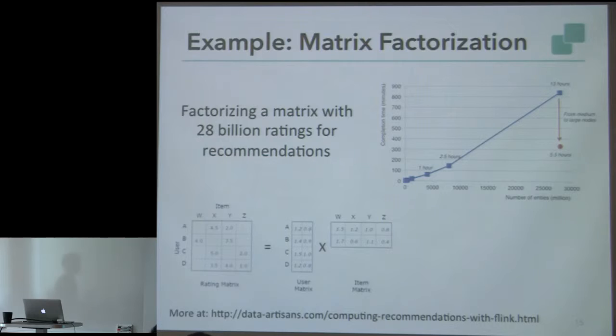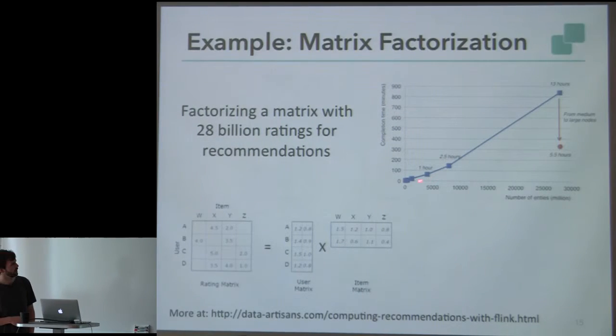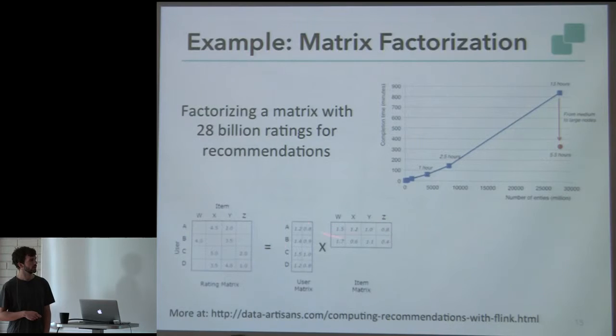So we started a Google Compute Engine cluster, and it does not mention here how many machines it were, but I think it was 40 machines, and ran a matrix decomposition algorithm to compute recommendations. So basically, you have this rating matrix, and it's sparse. It has ratings of users, and you want to decompose it to generate recommendations.